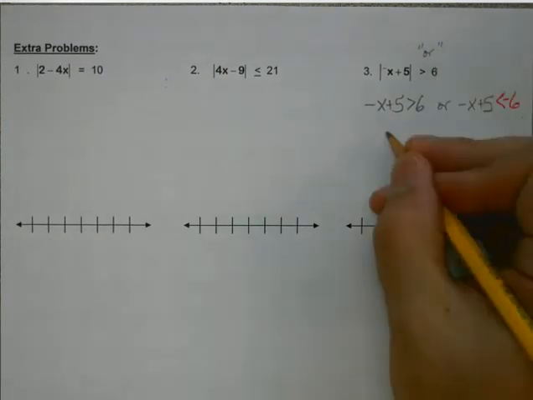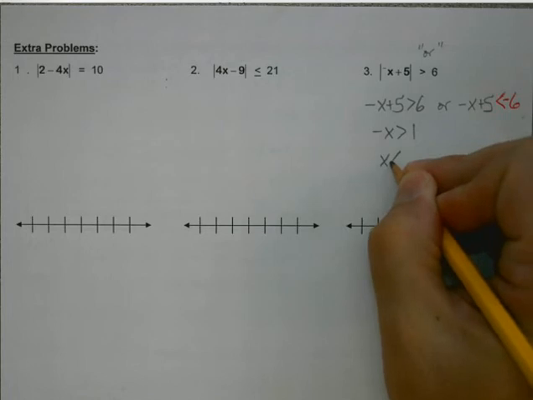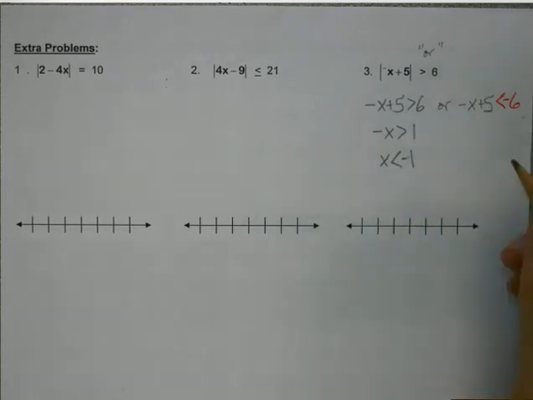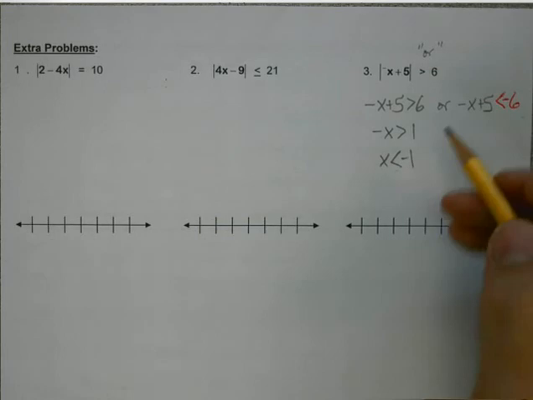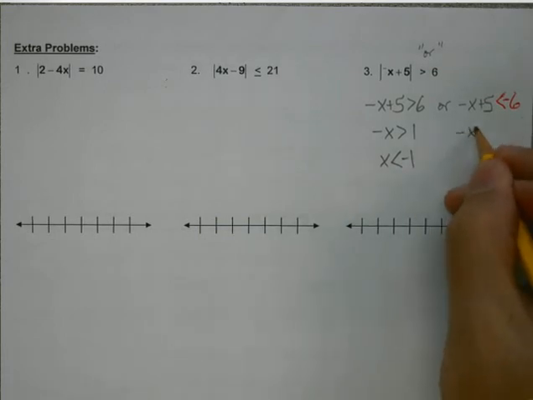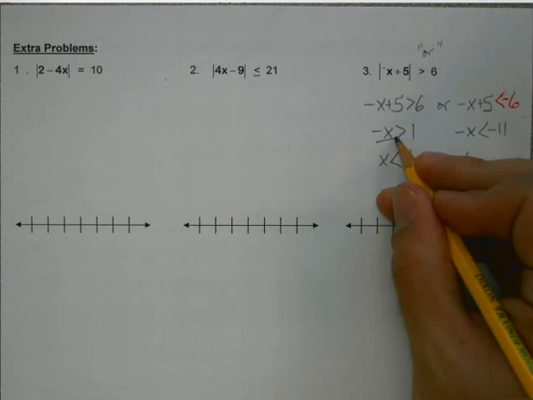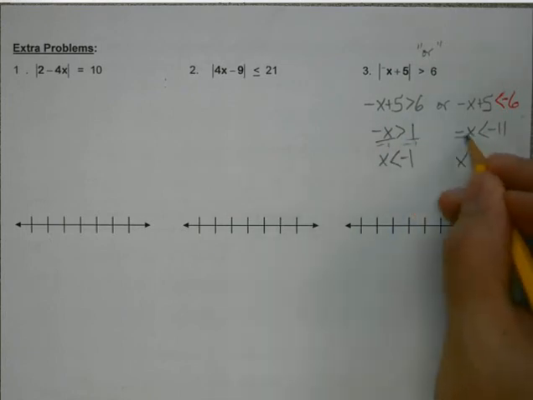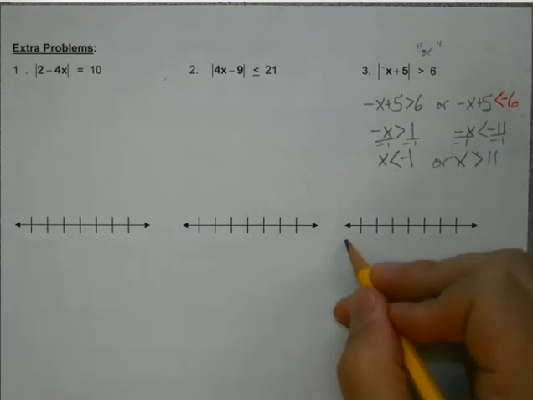So now I'm going to go ahead and solve. Oh yeah, I divided by a negative. I got to flip the arrow. If I don't, I'll get just the opposite of the answer that I'm looking for. And same here, dividing by a negative makes me have to flip them.